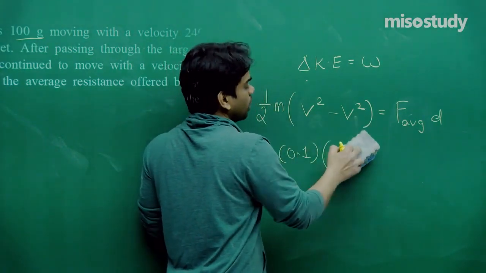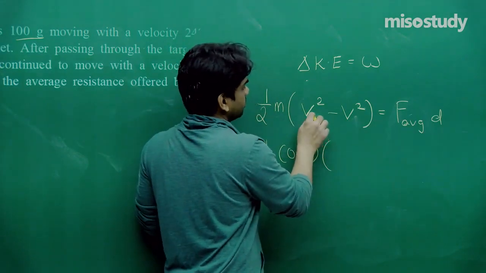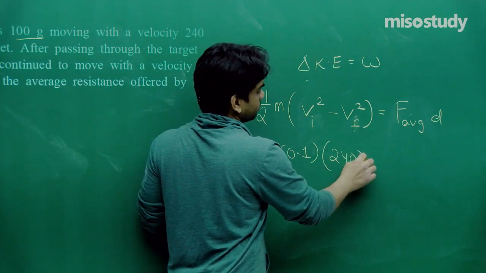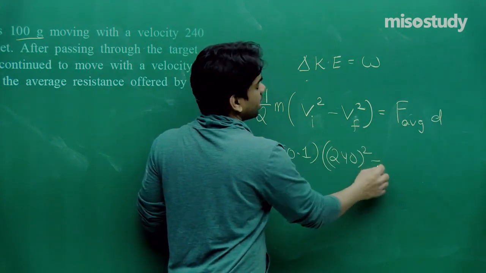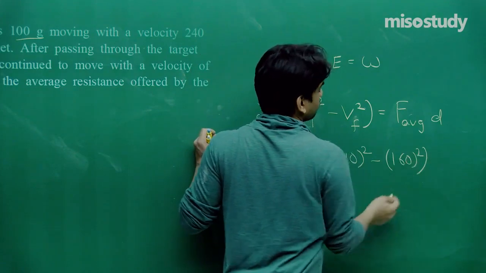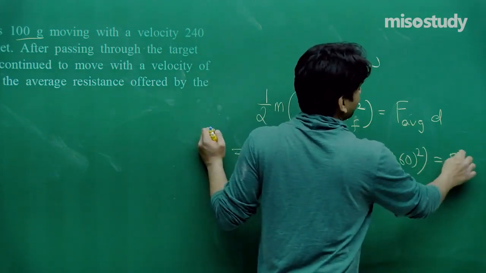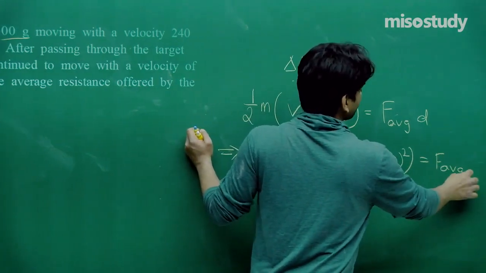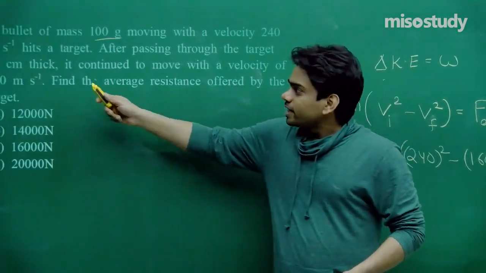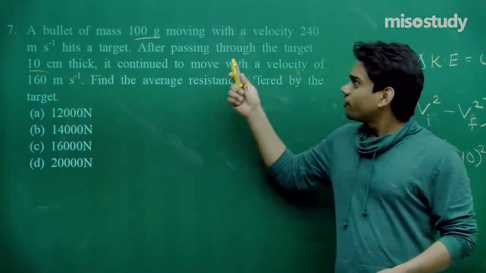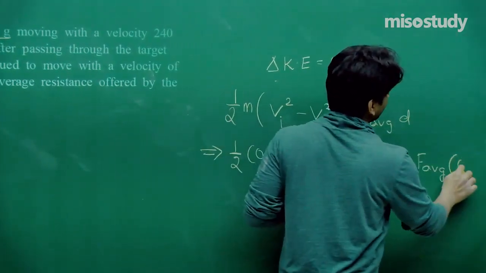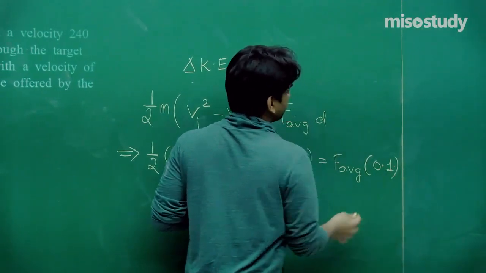So I told you I'll be taking the difference, actually the loss in kinetic energy. Initial velocity is 240 whole square minus 160 whole square. F average we need to find out, and it goes for 10 centimeter inside the block. After passing through the target 10 centimeter thick, so we have to use d as 0.1 meter.